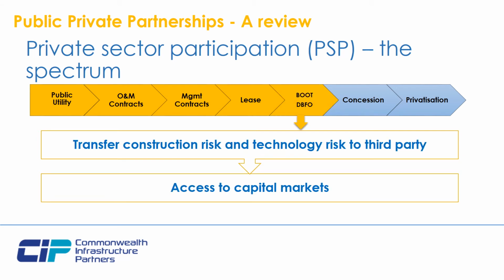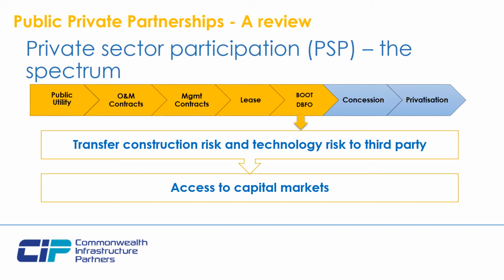The next stage in the process, where there is even greater involvement from the private sector, are the categories that are normally termed as PPP, or public-private partnership projects. And there are many forms. I've listed two here: BOOT, which is build, own, operate and transfer, and DBFO, which is design, build, finance and operate.